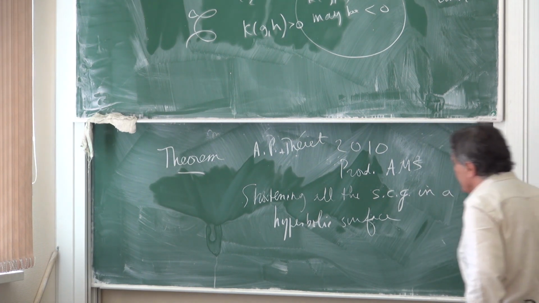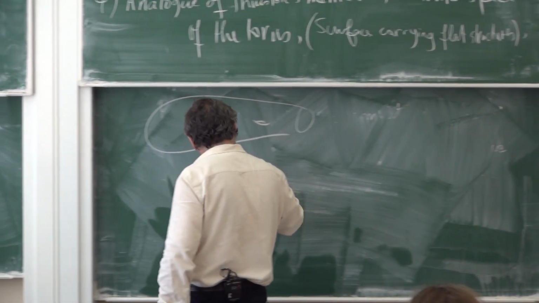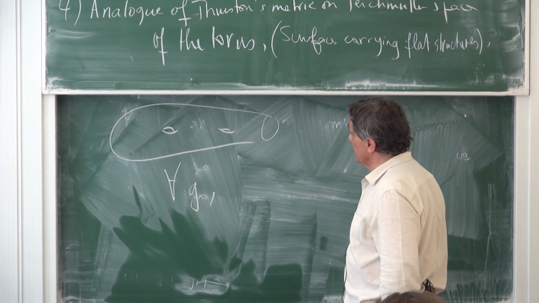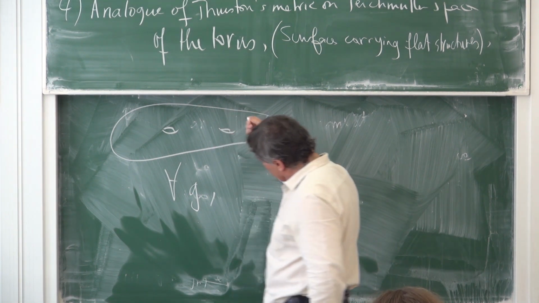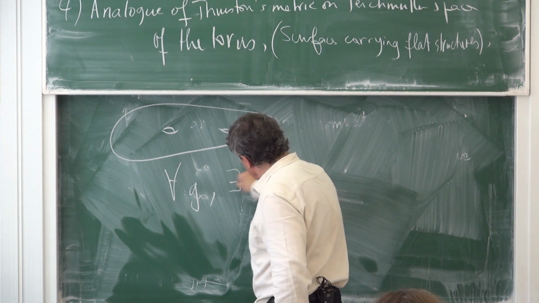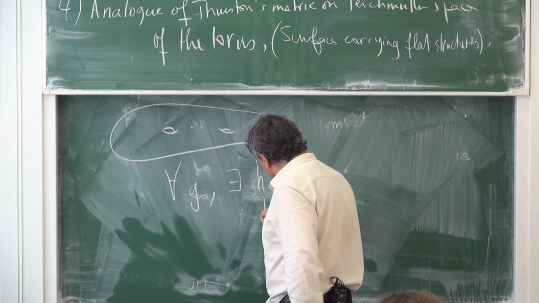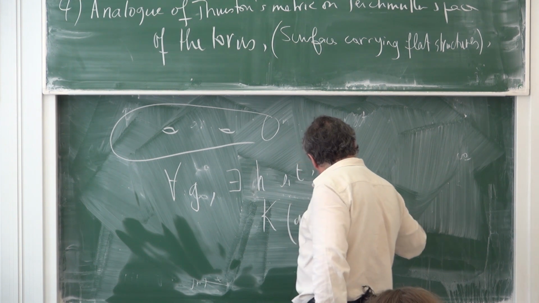So the result here says that not only for the pair of pants, but for an arbitrary surface with boundary G, hyperbolic surface, of course, with geodesic boundary, there exists a hyperbolic surface H such that this distance k of GH is negative.